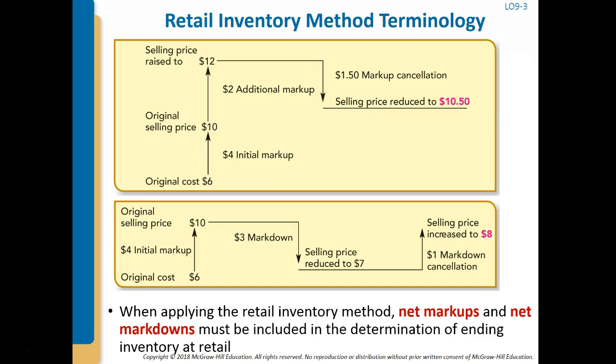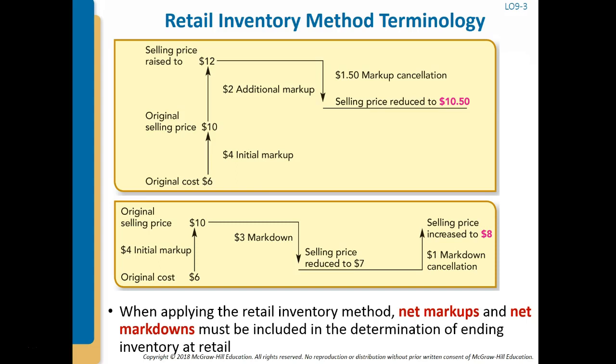A markup cancellation reduces an additional markup, but not below the original selling price. We refer to the net effect of the additional changes, the $2 minus the $1.50 equals 50 cents, as the net markup. It shows you here in this slide.